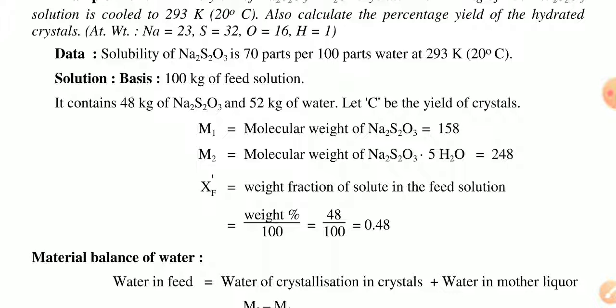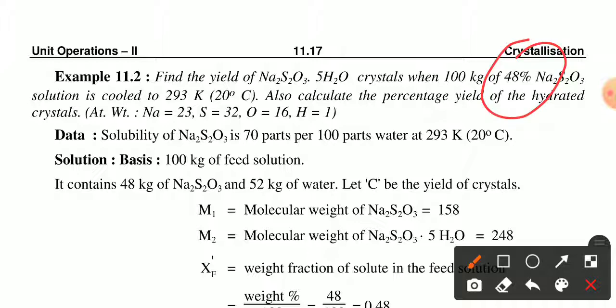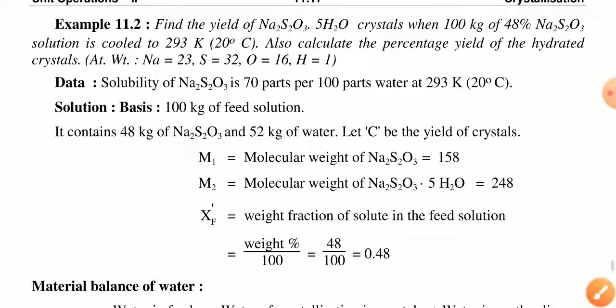The weight percentage out of 100 is 48, that is 48% of Na2S2O3 is given. So X dash F, the weight fraction of solute in the feed solution, is 0.48.